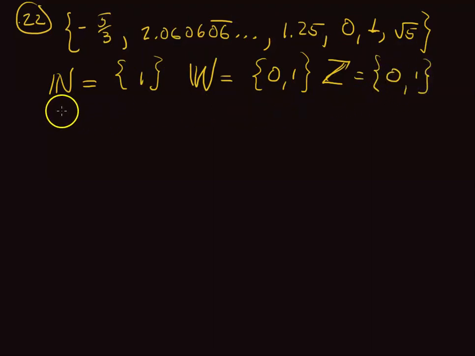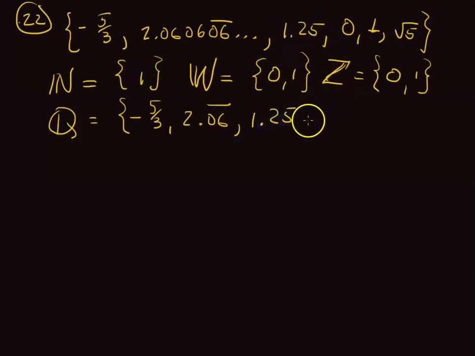Which of these are rational numbers? That's the Q. All these fractions, the negative 5/3. Now, if it's a decimal, it can be repeating. That's a rational number. 2.06 repeating. If it's a decimal, it can be terminating. So 1.25 is also rational. 0, because any integer is also a rational.